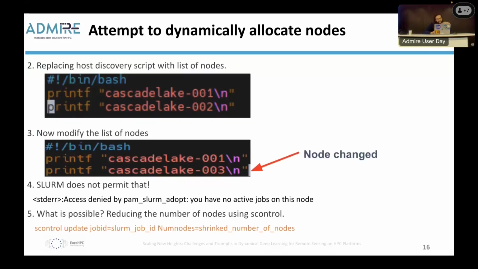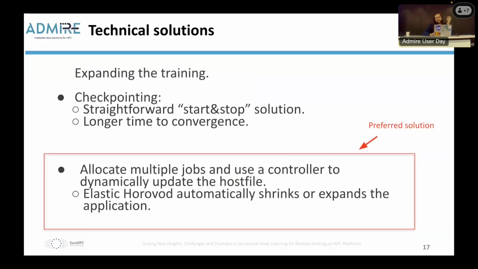Then we tried to increase the size of the allocated resources in a single job, but we failed, and it appears to be a problem of the latest Slurm versions. But luckily, there are some technical solutions to that.